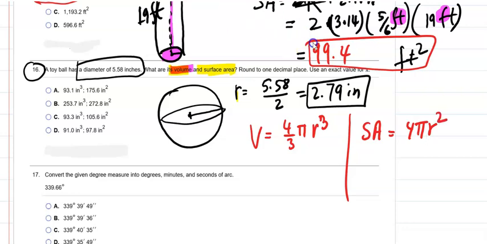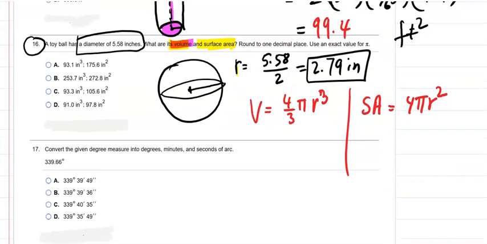That's the surface area formula. But notice that the question tells you to use the exact value of pi. It doesn't tell you what pi you're going to use, like 3.14 or something. It just says exact value of pi. So exact value of pi means use pi from your calculator, or you can use pi with not just 3.14 but a couple more digits after the decimal.